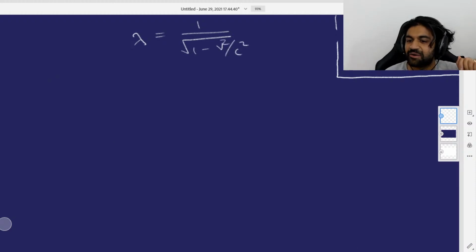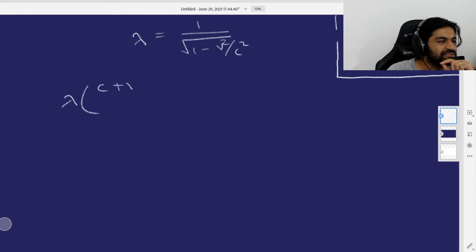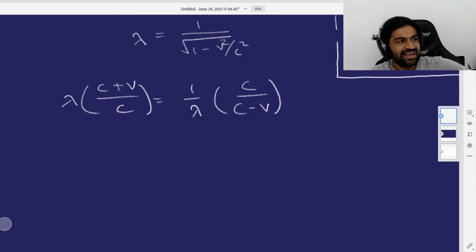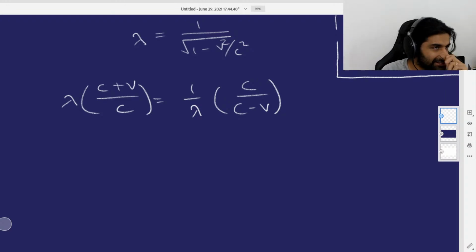Now if you go back to the equation we used to derive lambda, it was lambda times c plus v over c is equal to 1 over lambda times c over c minus v. I may have cross-multiplied it, but whatever, it's the same equation fundamentally.